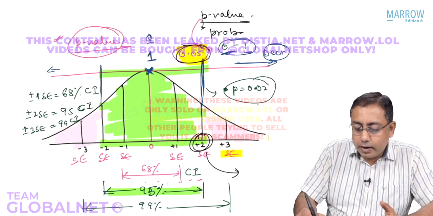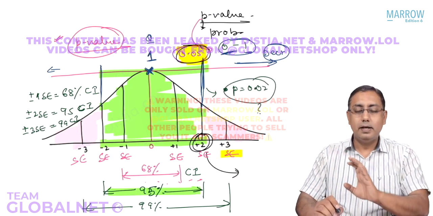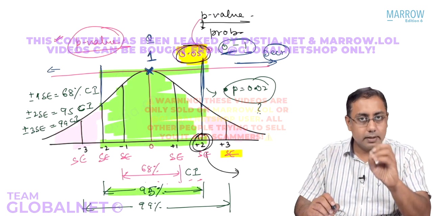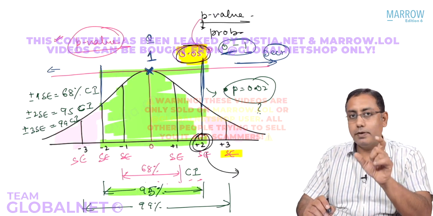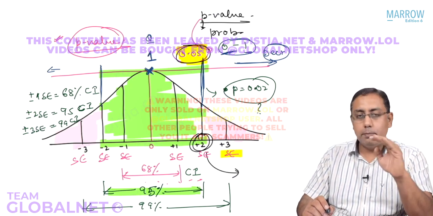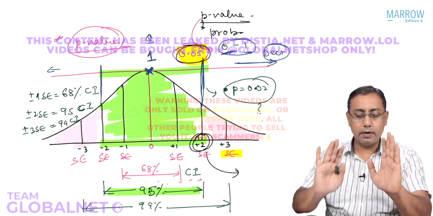So what does this p-value 0.02 outside mean? In very simple words, this is the climax of this whole story of the concept of p-value. What does this p-value 0.02 mean? Very important, listen to it very slowly and very carefully.